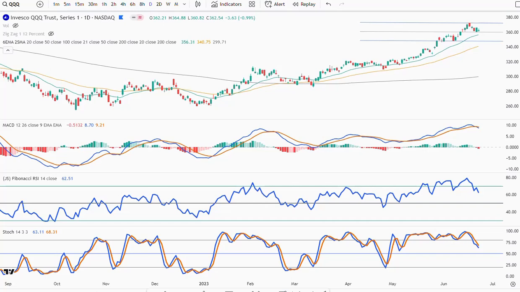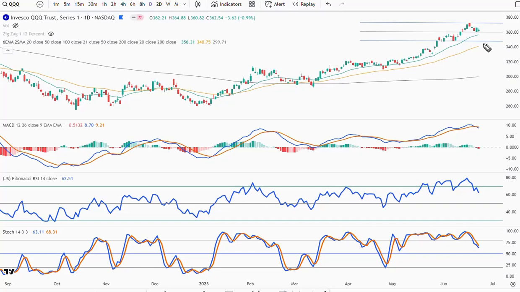I don't think so. After such a strong run up, I think some kind of a pause, some kind of a consolidation like this is going to be healthy, because you can see after this consolidation there was a rebound. After this consolidation there was a rebound. Maybe it consolidates for a few weeks, and then that will be the beginning of the next phase up.